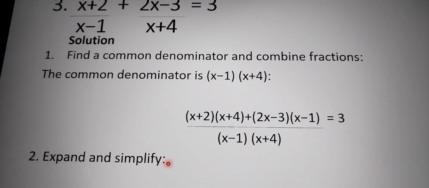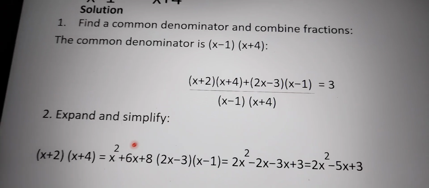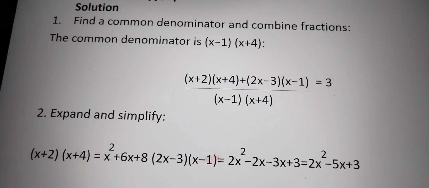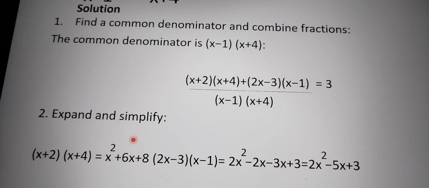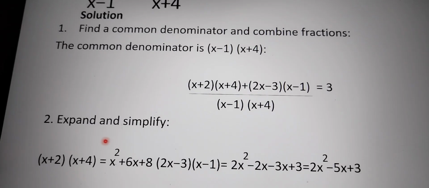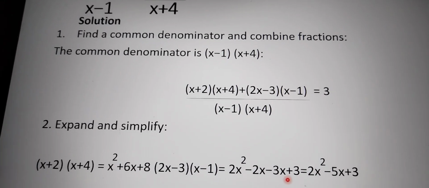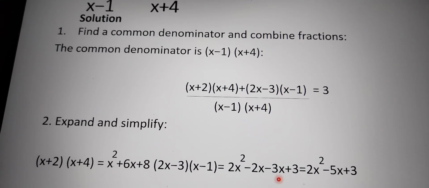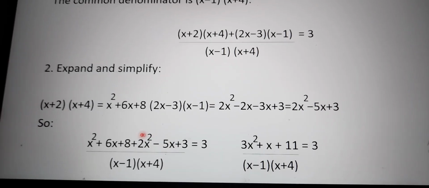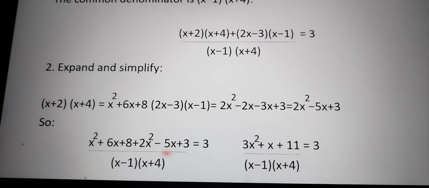When we expand and simplify, first this will be the expanded form, just like we did in our previous question. Firstly we have to expand it, so this will be the expanded form. Then we're going to simplify it, which will be like this one. So this will be the simplified form.